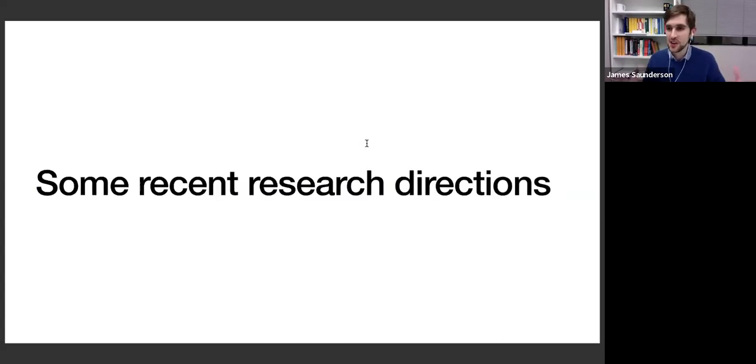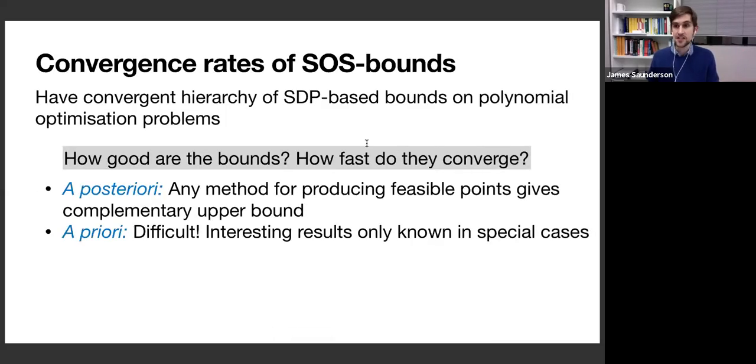Okay, so let's now go on to some more recent research directions related to polynomial non-negativity and sums of squares and so on. This is, again, a very biased subsample of what's been going on. One interesting area which has been difficult, but where people are starting to get some interesting results, is getting convergence rates.